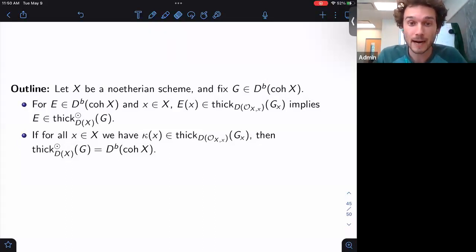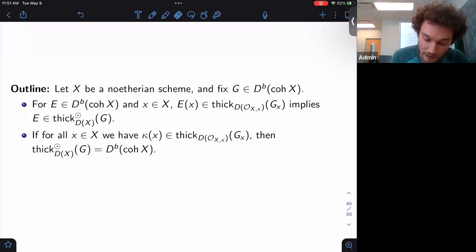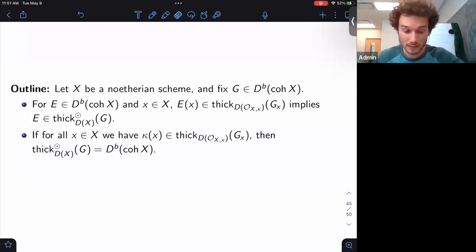Now, if I can generate locally the residue field of the local ring, that means that the smallest thick subcategory closed under the Perf action is all of D^b_coh(X). So locally, if I can generate the residue fields, that means globally the smallest thick subcategory closed under the Perf action is all of D^b_coh(X).